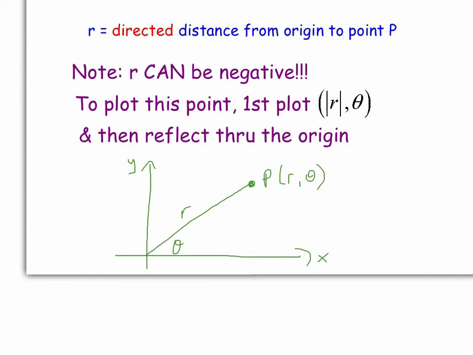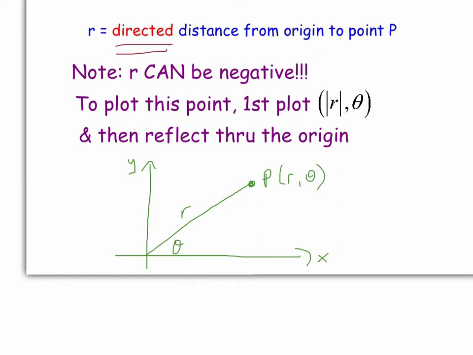Now, with this polar coordinate, you should be aware that r should be considered as a directed distance from the origin out to the point P, because in certain cases r can actually be negative. The negative almost tells a direction in which to go out from the origin.